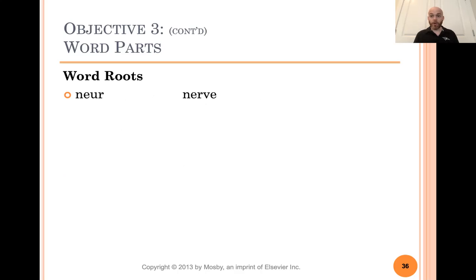Ner means nerve or nervous system or nervous. Onc, there it is again. It means tumor or cancer. Path, that means disease. Think of pathology. Plasm, that means growth. Not like an old plasma TV, which is out of date. This means a plasm, which means growth in the body.